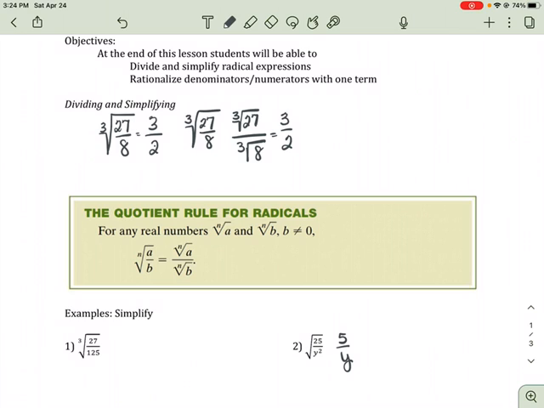My thing when I do division is I always want to look up and down. If it's a square root over a square root or a cube root over a cube root, is there any way to reduce the fraction, even if it's separated, to make our lives easier? Because let's be honest, if the numbers are large, let's try and make them small.